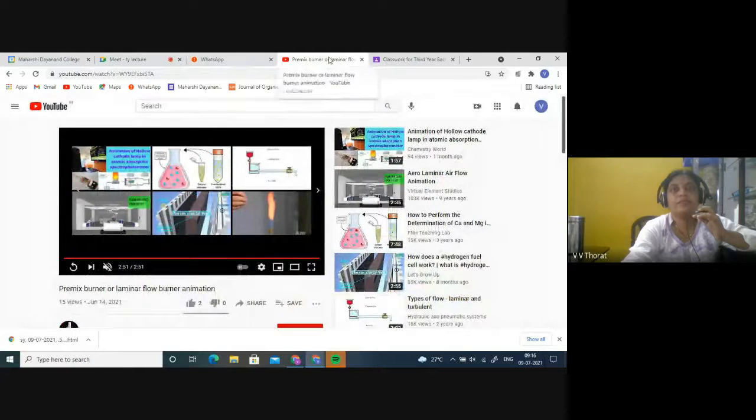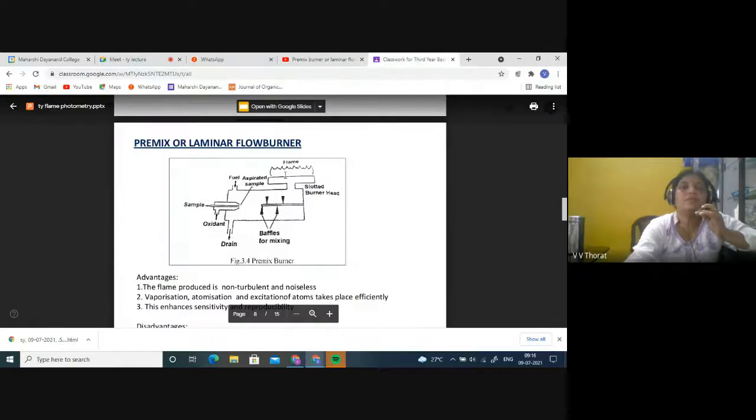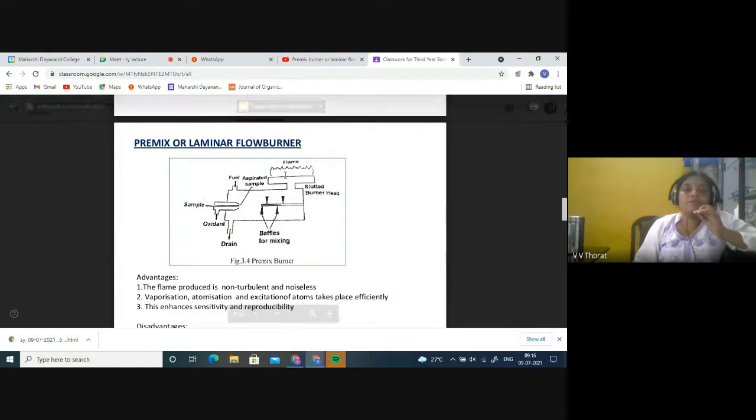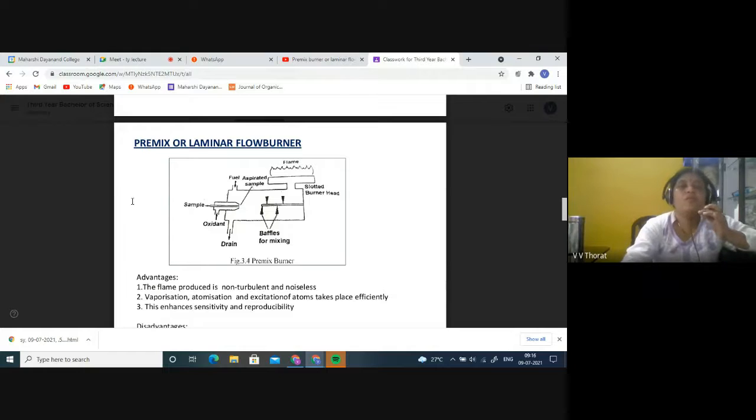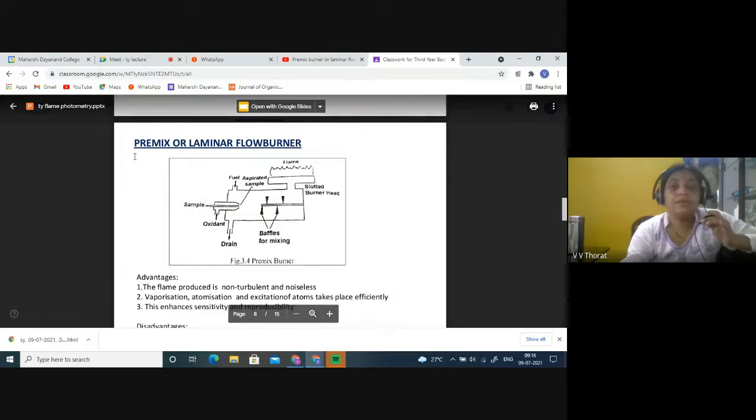So we go back to our PPT. Yeah, here. So this is the diagram, same diagram which we have seen. So in exam, definitely one burner is asked.